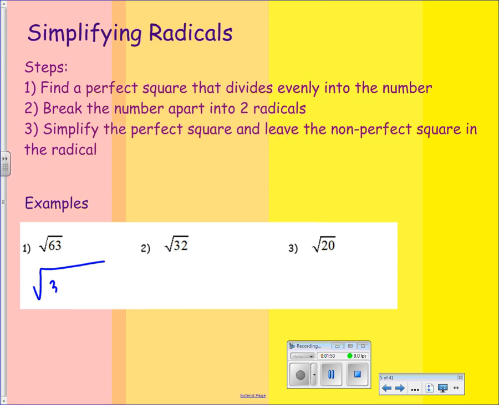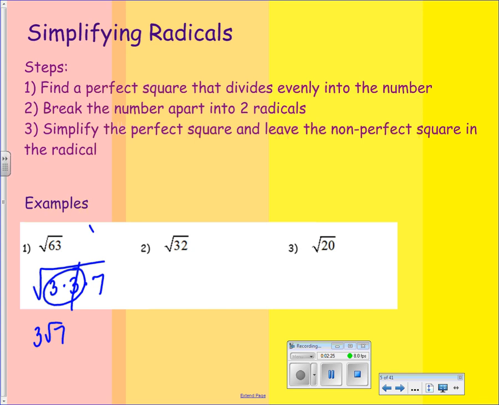So therefore, I know that 9 times 7 is going to make 63. 9 is not prime, so I can break 9 into 2 3s. And then we look for pairs. So I have a pair of 3s. And then this is where we would talk about they're escaping from the jail that they're in. This radical is a jail. And so one dies in the attempt and the other one gets out. And so my answer is 3 root 7.